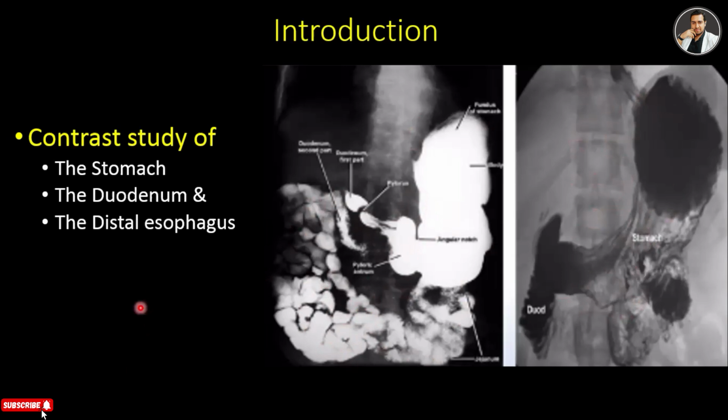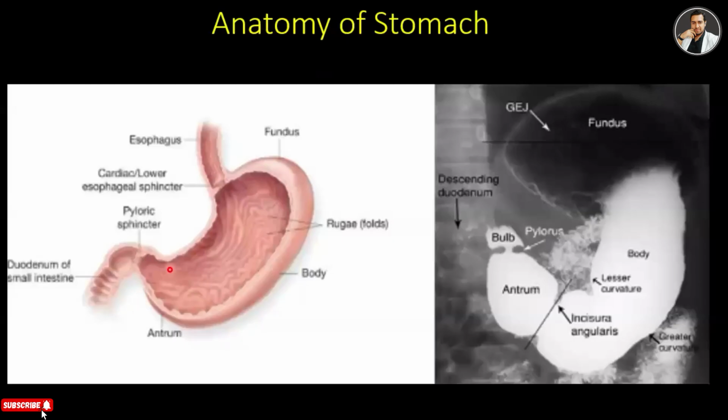So let's move to the next slide, and we have to know the anatomy of the stomach. So this is a diagram of the stomach, and you know that the esophagus ends here at the gastroesophageal junction, and the upper part of the stomach is called the fundus, and the mucosal folds inside the stomach are called the rugae.